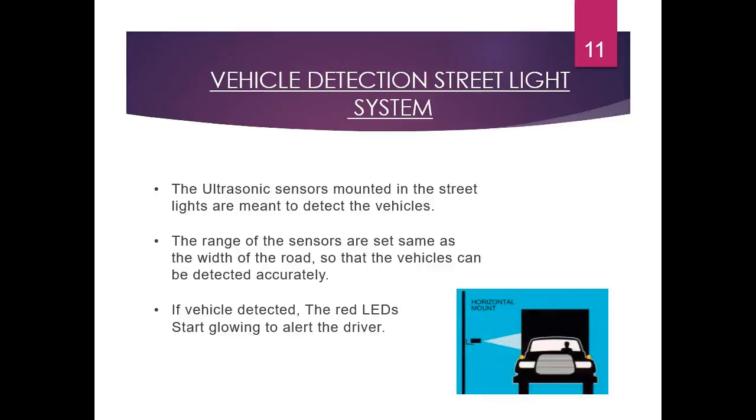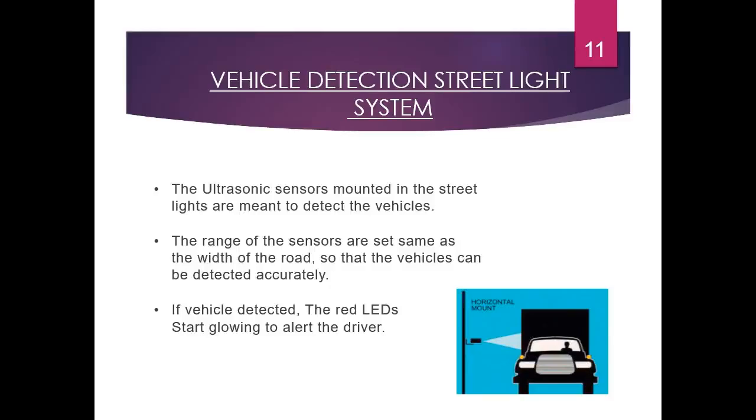If the ultrasonic sensor present in a particular street light is not able to detect a vehicle, then the green LED glows to give the alert that there is no vehicle present in front of that particular street light. Now a driver coming from a far end will already be alerted by looking at the green or red LEDs glowing on the street lights.